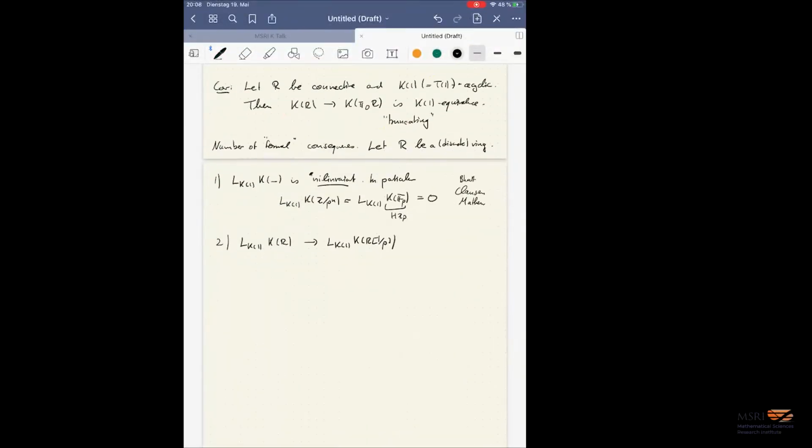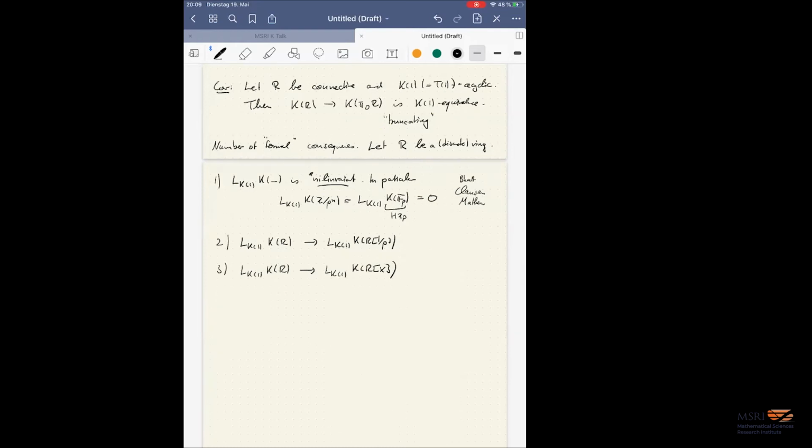And the third thing is that K1-local K-theory is also what's called homotopy invariant, in the sense that we have a polynomial ring that has the same K-theory.